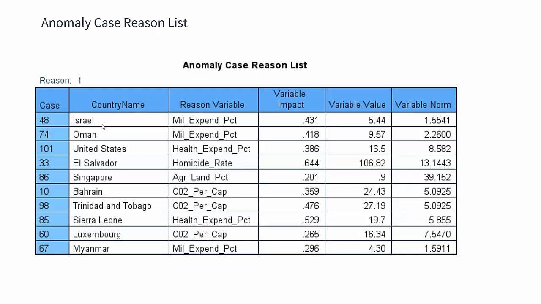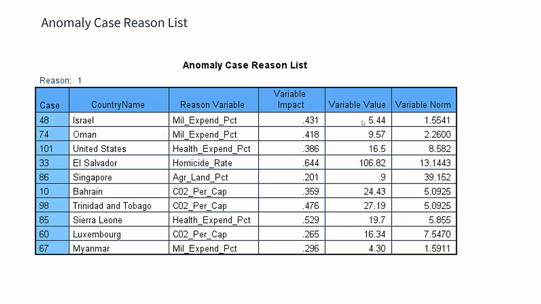So for Israel, the first reason driving that anomaly score is its expenditure as a percentage of GDP on military matters, and that variable has a proportional impact on the anomaly score of 4.431. So that's really driving that anomaly score. It's the biggest reason why it's getting that anomaly index score so high.